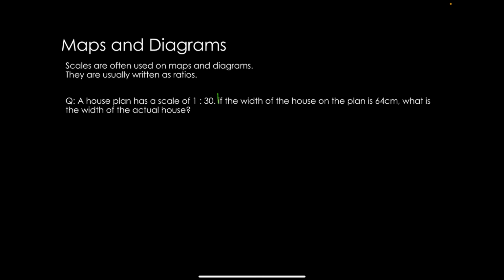Okay, if you've had a go, again, you can draw yourself a little diagram, and it says that there is a width of a house, so it's up to you if you wanted to draw a house. There you go, little house. And the width is 64 centimetres on the plan. So on the drawing, it's 64 centimetres. It's also telling us that the conversion is 1 to 30.